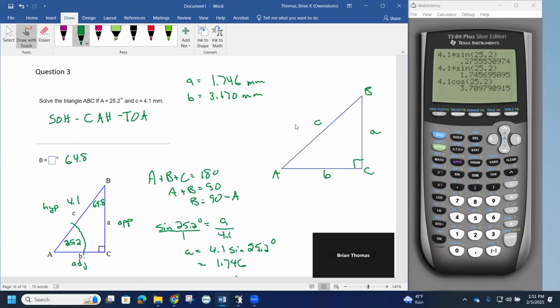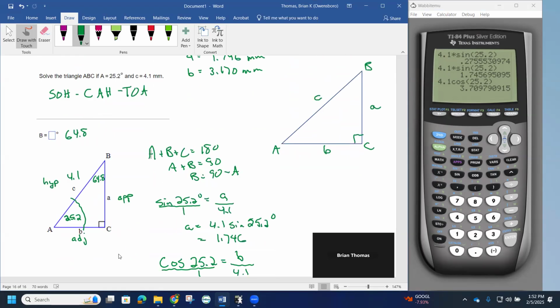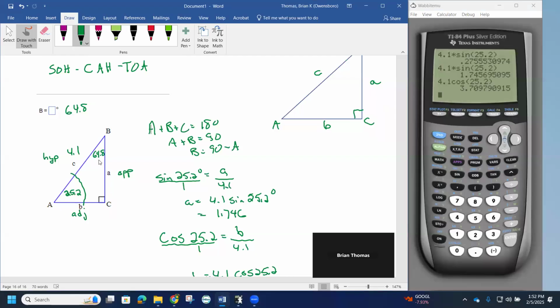Now remember, the hypotenuse has got to be the longest side, so neither side A nor side B can be bigger than 4.1. So we should have that going on here. Now, notice that this drawing is not to scale very well, because side A looks longer than side B, but angle B is the bigger angle. If angle B is the bigger angle, then side B's got to be the bigger side.